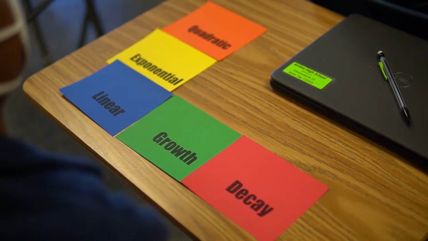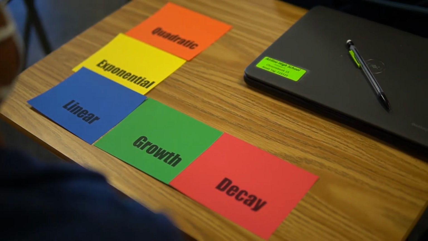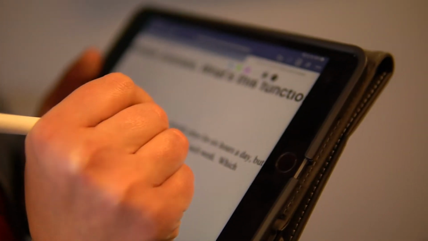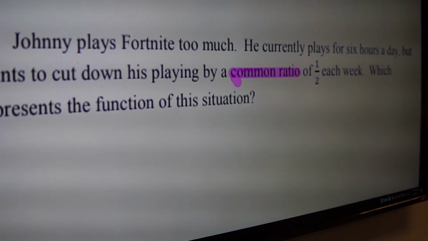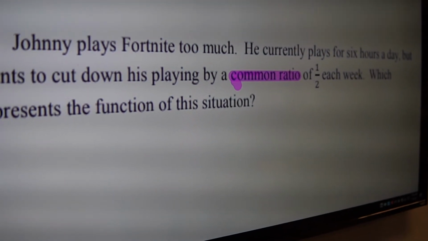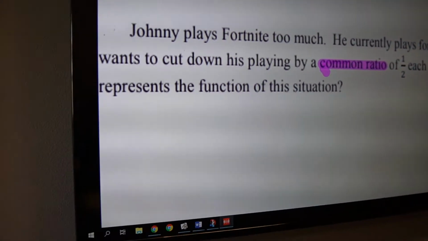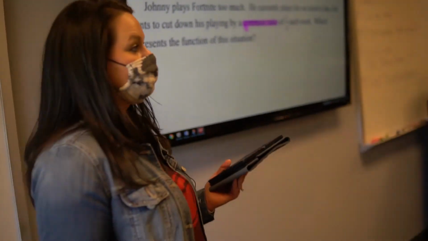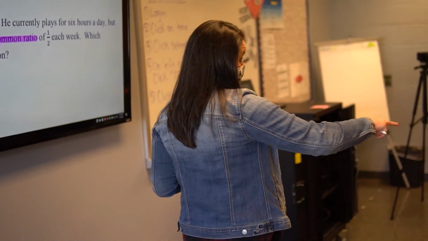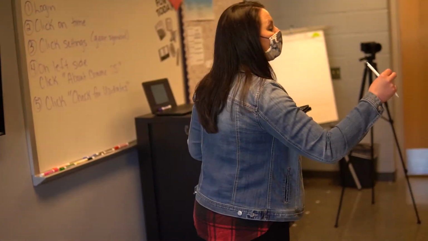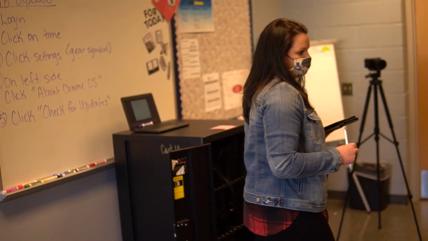Guys, I'm going to highlight something and give you a little hint right here. That phrase, common ratio. What does common ratio mean to us? Common ratio is not the exponent, but what is the exponent on the common ratio?